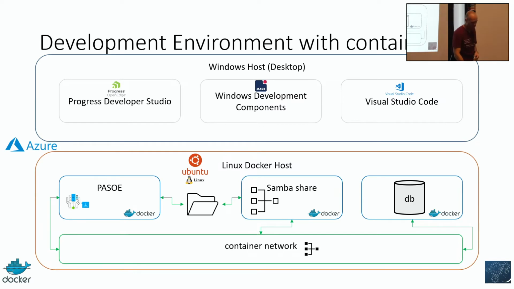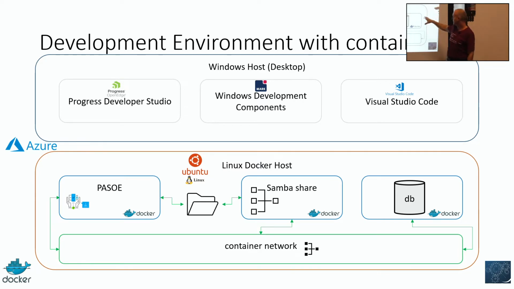And once we have our container stuff up, one of the things we can do, this is looking across a development environment where you start off having your typical Windows development tools. You've got Developer Studio, you've got some different Windows components, you've got Visual Studio Code.